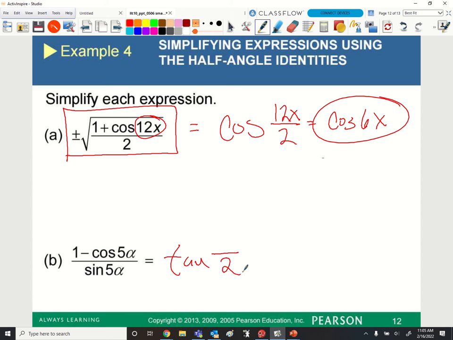Now, in this case, what is that some value that I have? 5 alpha, right? So it's 5 alpha. That's it. Is that the answer? Yeah, because it doesn't reduce.